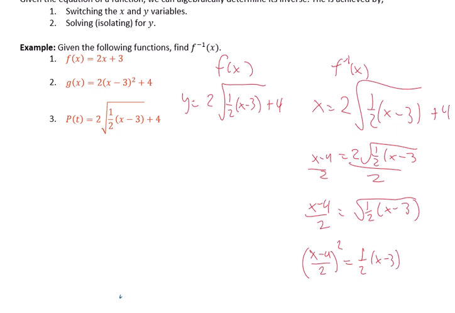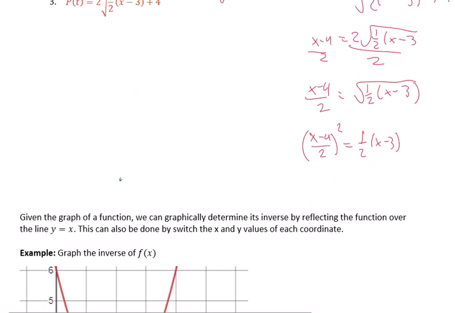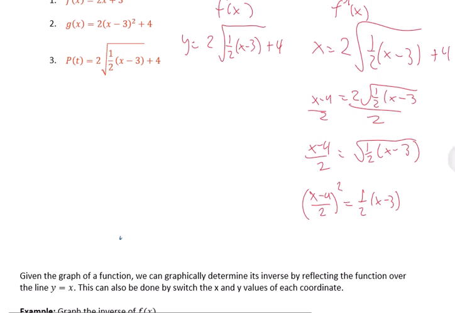I'm running out of room here. And then I need to divide both sides by half, which is essentially multiplying by 2. So 2 times all of this, x minus 4 over 2 squared equals x minus 3. And then we're going to add 3 to both sides.